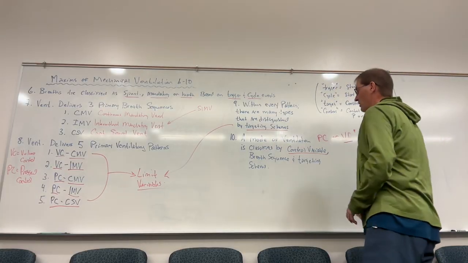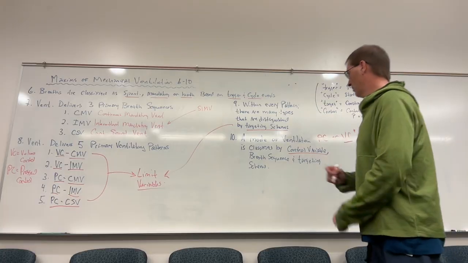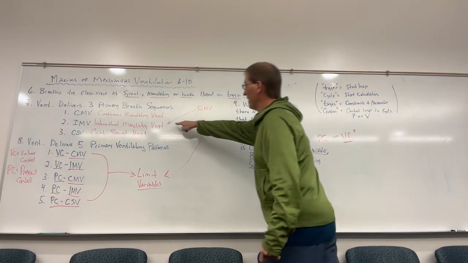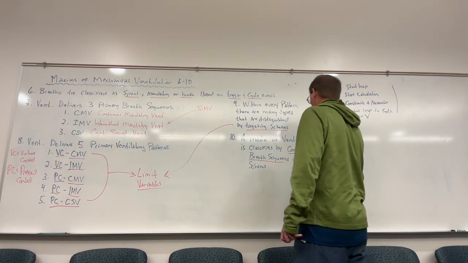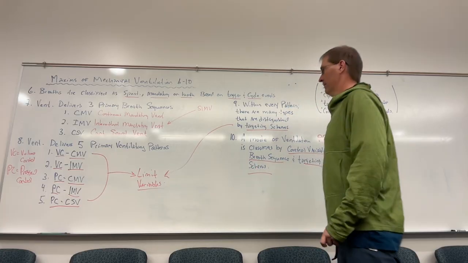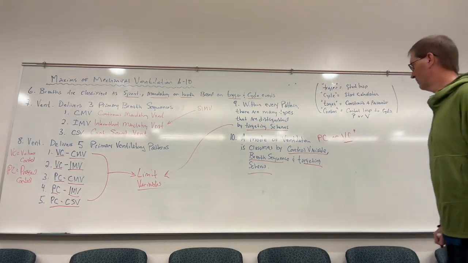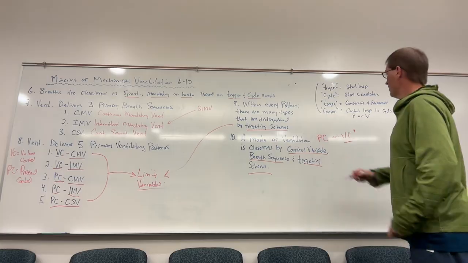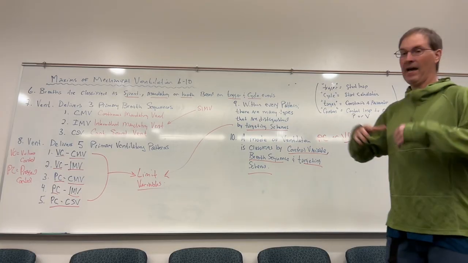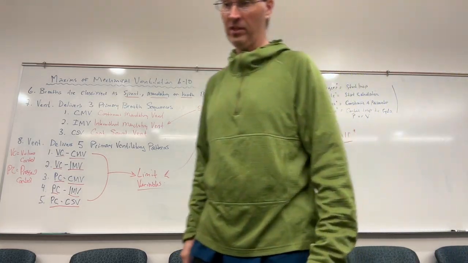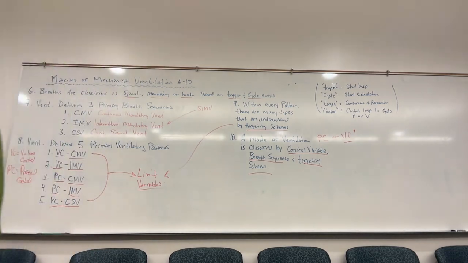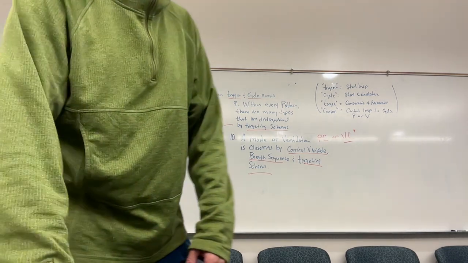So a mode of ventilation is classified by its control variable, its breath sequence, and the targeting scheme, all right? And you put all 3 of these together to arrive at what the mode is actually doing, all right? And that is what we're going to talk about in subsequent videos.